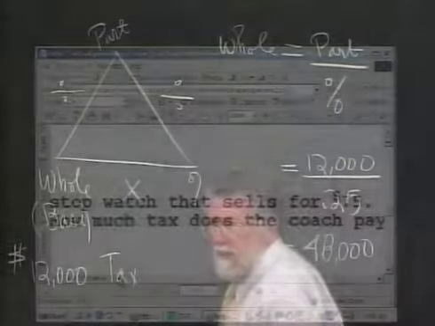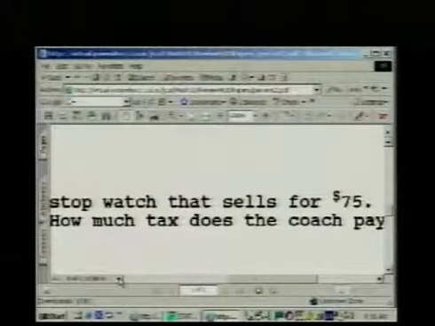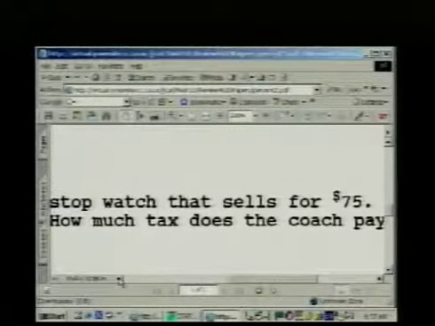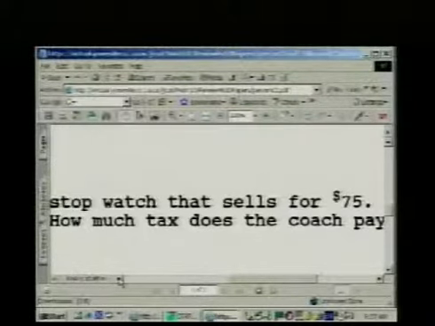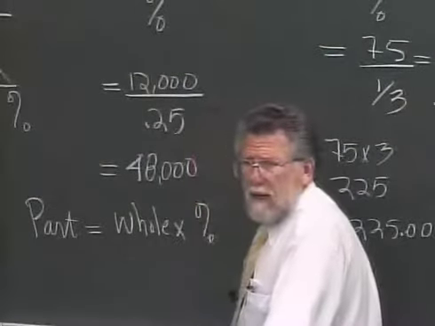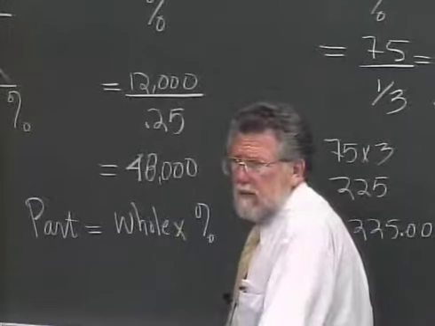So as we come back to the document cam, and I write out my documentation for this, this time I'm going to write that the part is equal to the whole times the percent. So we go to the board now. So I've written my documentation. My substitution is what?